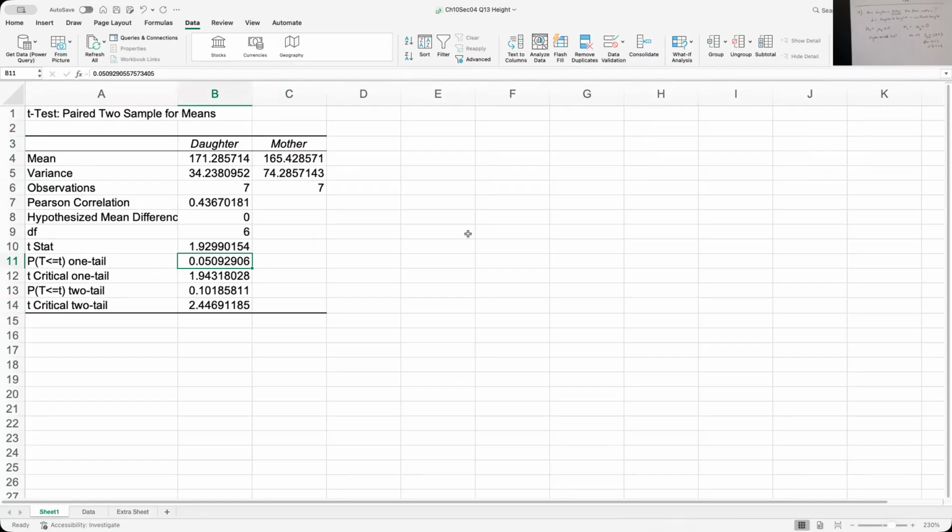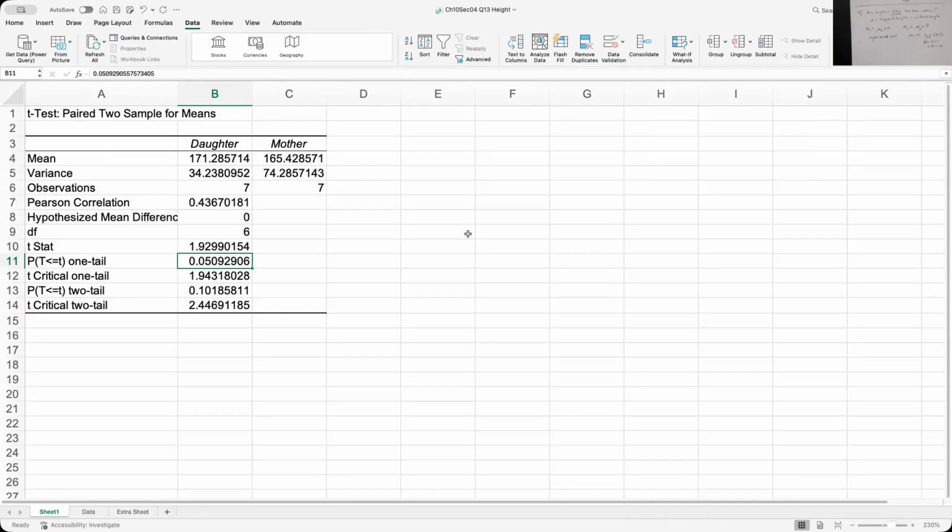This is really close. 0.051 versus 0.05. If I just had one more family, maybe I'd get a different answer. If I'd chosen alpha equals 0.06 instead of 0.05, then I'd say we reject the null hypothesis. Look at how close a decision this is, simply based on one value.